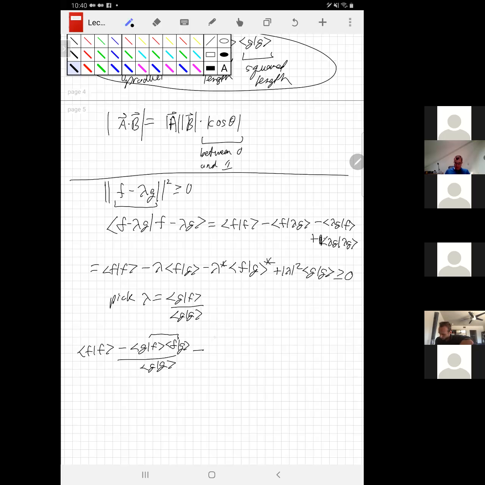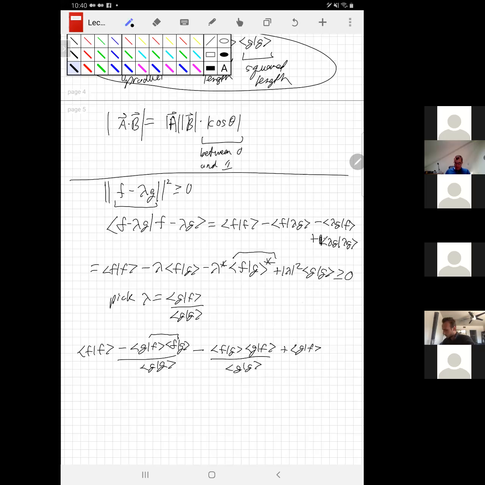All right, minus lambda star. Well, let's see here. If lambda was the inner product of g with f, lambda star will be the inner product of f with g. And then the inner product of f with g star, I'll write that as g with f, again over the inner product of g with itself, plus the absolute value of lambda squared.